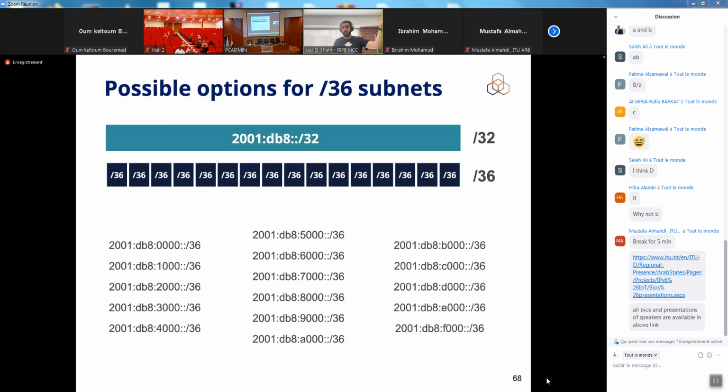You can give them the first one. Or you can say, you know what, the first one, which is 2001:db8 all zeros, this is nice to remember, all zeros. So I'm going to use it for my own infrastructure when I'm doing troubleshooting, logging, these kinds of things. It's easy. You can say, for example, hey, I'm going to give number 1 to the customers, or number 2, or whatever, for any reason.